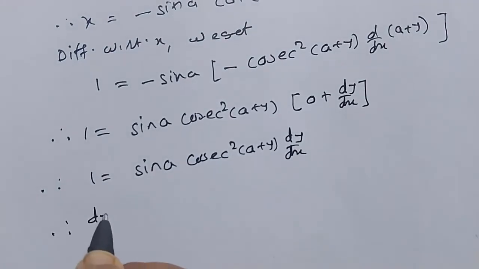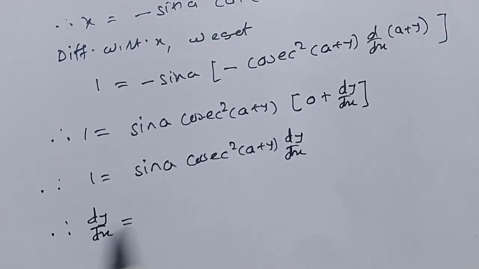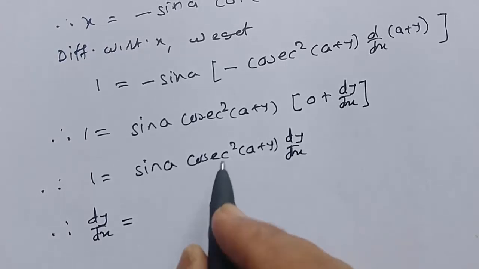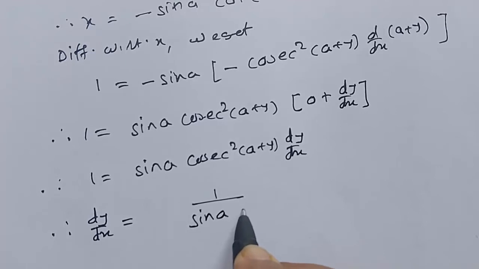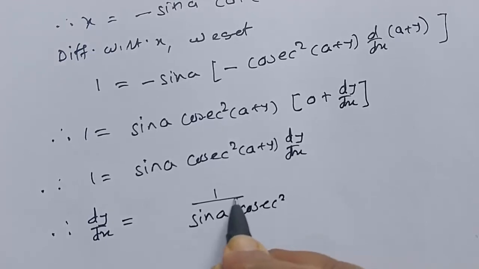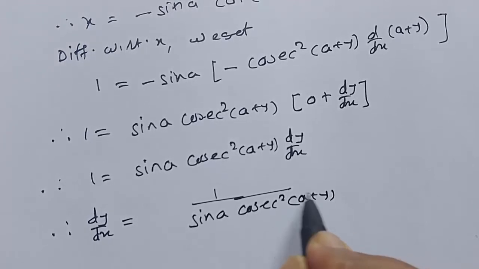Now taking dy/dx to the left hand side, it becomes 1 upon sin a cosec²(a + y).